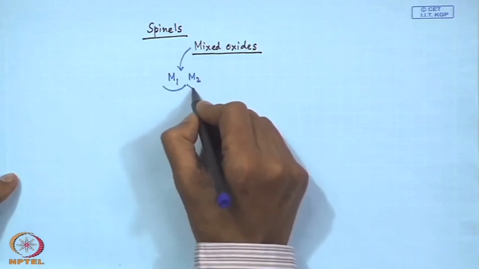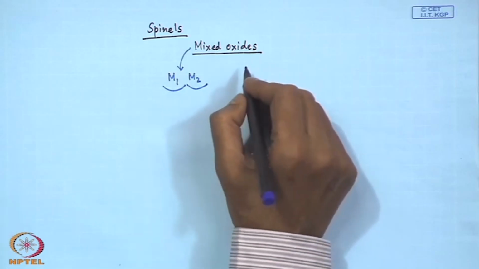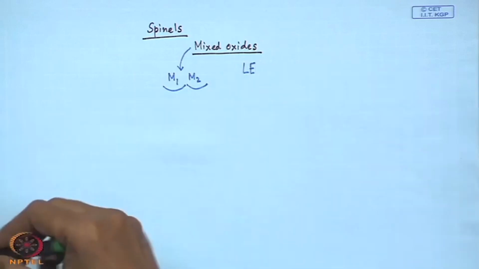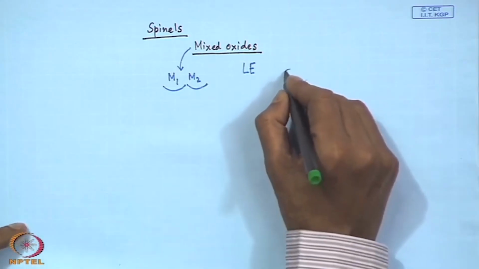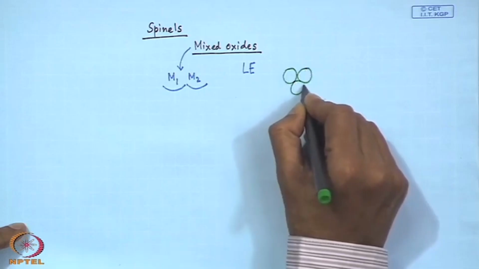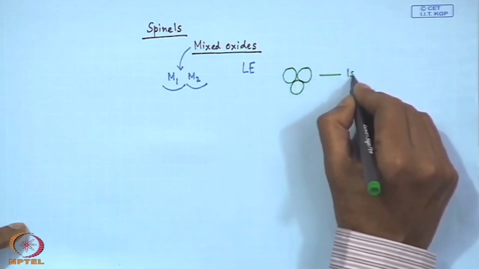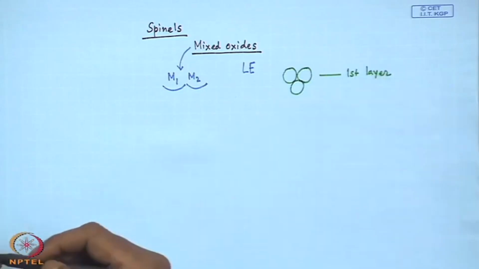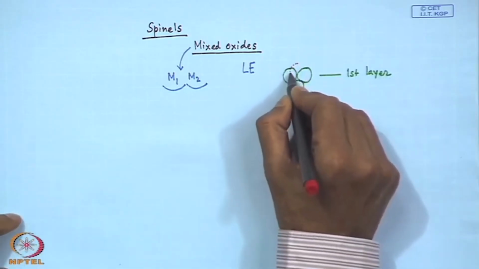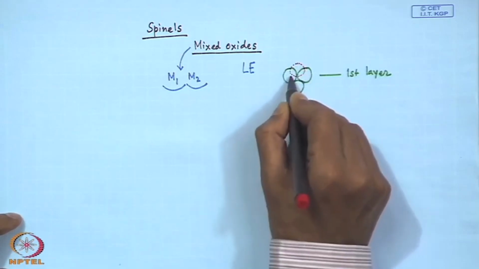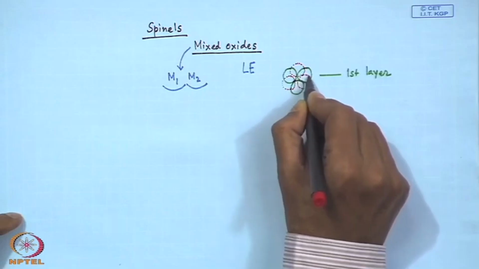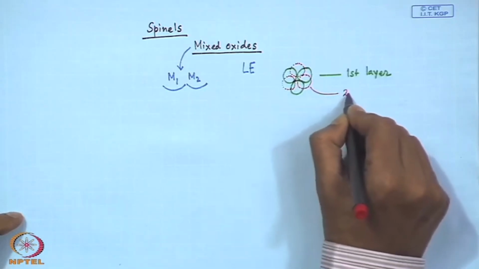So, where M1 will be and where M2 will be, but before that, when we are talking about the lattice energy, we have seen that the typical spheres were available, and if we have the close packing of these spheres, so this is one layer, which is the first layer, and next if we have these red circles as the second layer, these are the second layer.